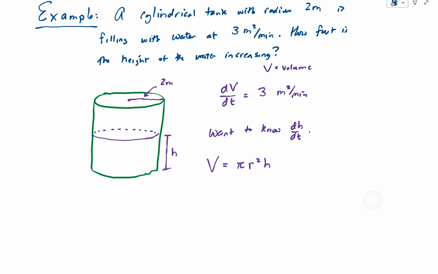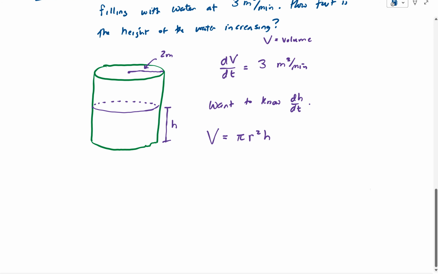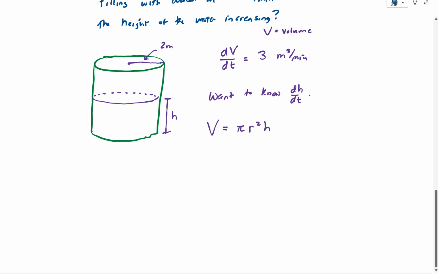Okay, so what we can say then is I want to differentiate this with respect to t. Notice that the radius is not changing with respect to t, so r is constant with respect to t. We know that r is always equal to 2 here. It doesn't change. So I can write that formula as V is equal to pi 2 squared h.